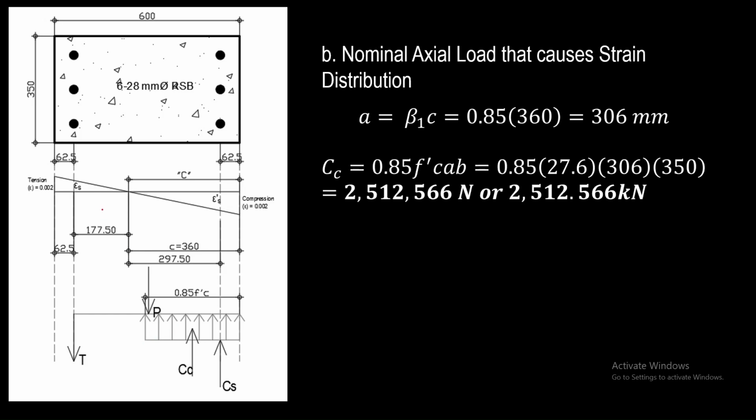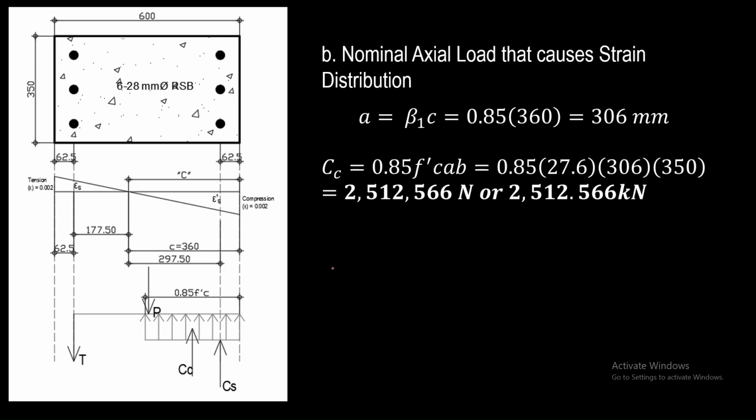Next, for the individual compression and tension forces, first due to concrete, we have 0.85 f prime c times A B, the area of the concrete block. We have 0.85 times 27.6 times 306, the depth of the compression block, and the base is 350.